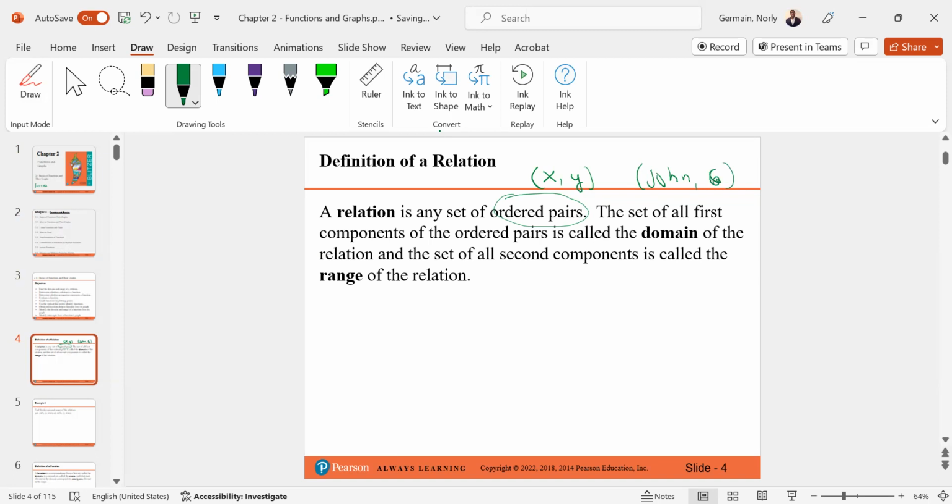I might say John has 6 children, or John has 6 siblings, or John works 6 hours. It all depends. But the most important thing is to remember what each coordinate represents. The first one we call the independent coordinate. The second one, we call dependent.